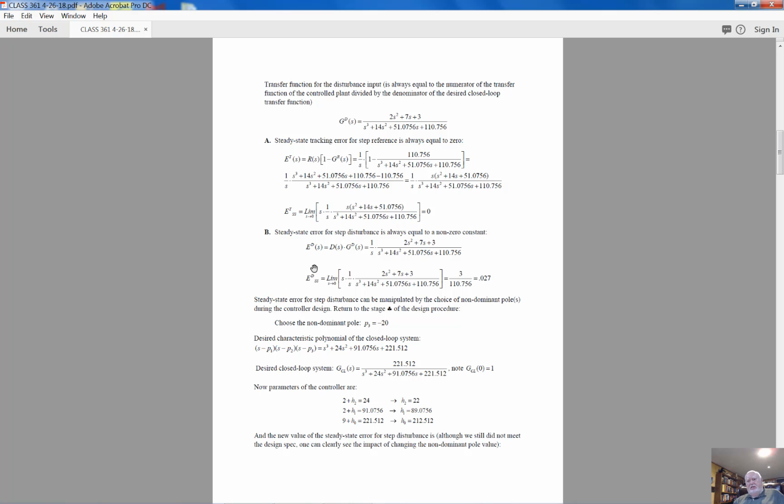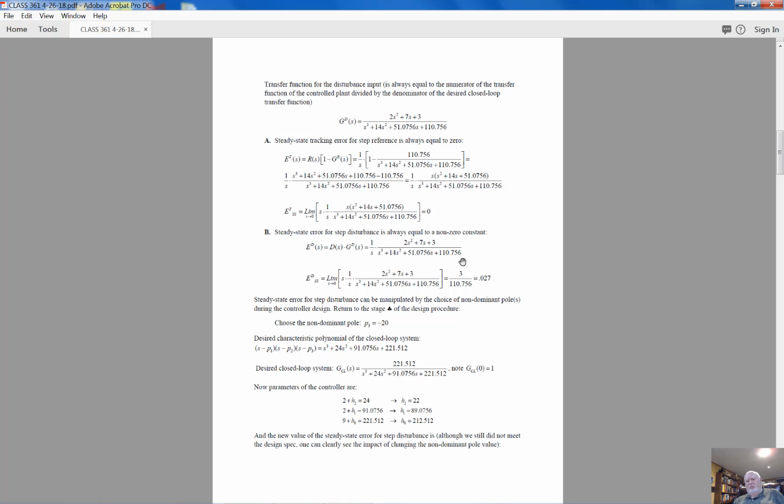Now I will consider with you the steady state error for step disturbance. And I am telling you, it's always equal to a non-zero constant. Let's make sure that it is true. The error for disturbance is equal to the system response to this disturbance. This is the disturbance. This is the transfer function for the disturbance. This is the Laplace transform of the step disturbance.